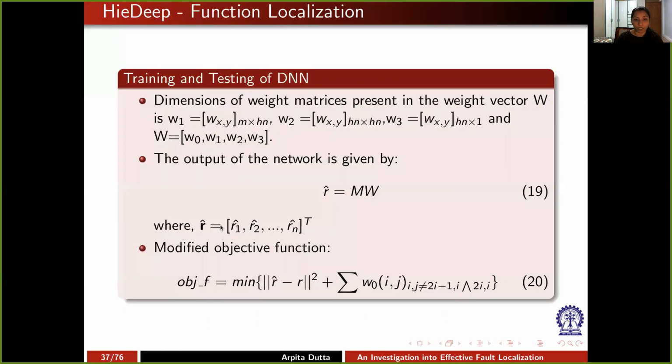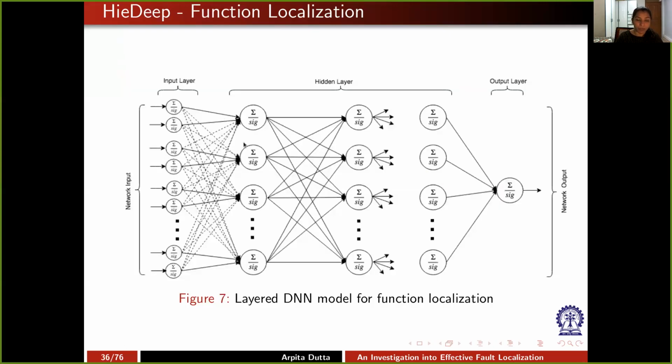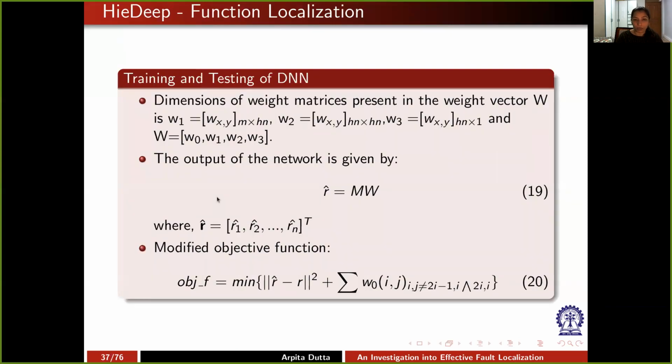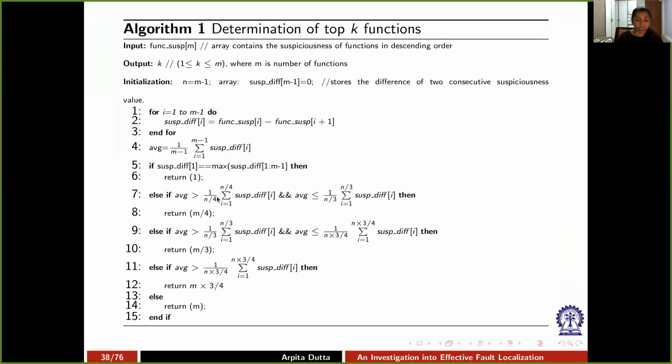So now we have modified our objective function. Our objective is not to reduce the error only, but our modified objective function is to minimize these weights also. Then we trained our network using this algorithm. We computed the top k functions, which helps to define the knee, and based on the knee we took the top k functions.